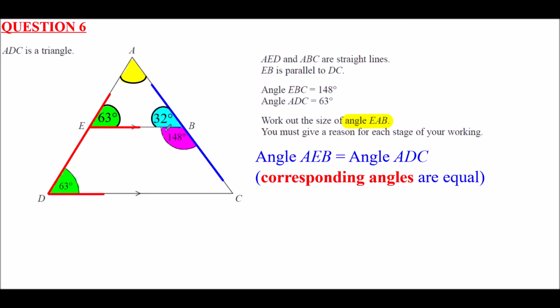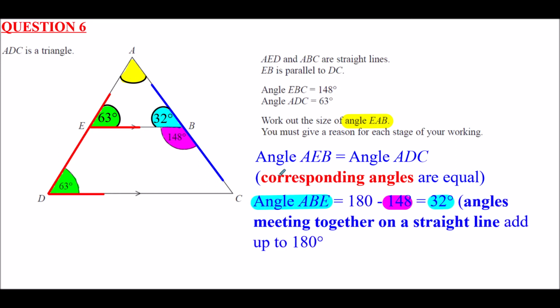Again, we need to say to the examiner, to prove to them so you get the marks, how you know to do that. So we could say something like angle ABE is 180, take 148, which is 32 degrees, and give for reason, angles meeting together on a straight line add up to 180 degrees.